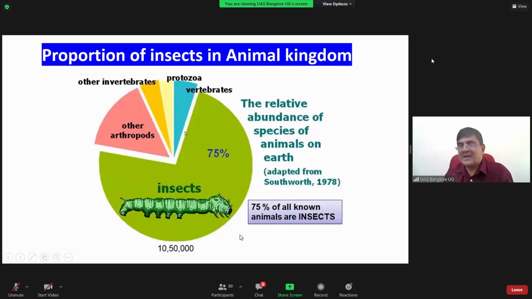The rest are other arthropods, other invertebrates, protozoans and vertebrates. So in the animal kingdom, the insects' contribution to abundance is around 75%.